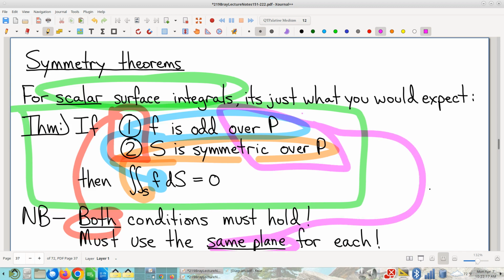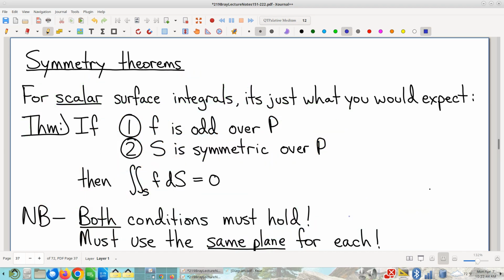I'm going quickly through this because you've heard this little speech several times, five or six times at this point. It's the same ideas, just now applied to scalar surface integrals. If these conditions are met, then the integral is equal to 0. Again, a very familiar idea, just like we've seen before.